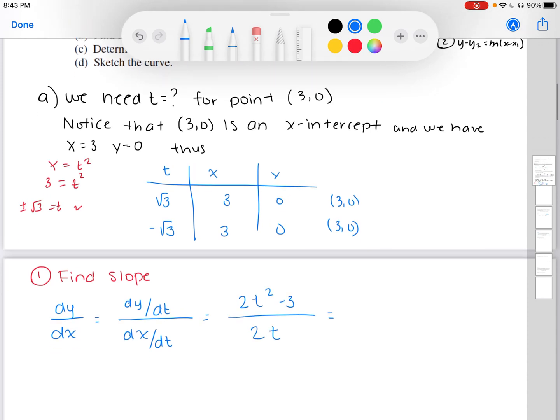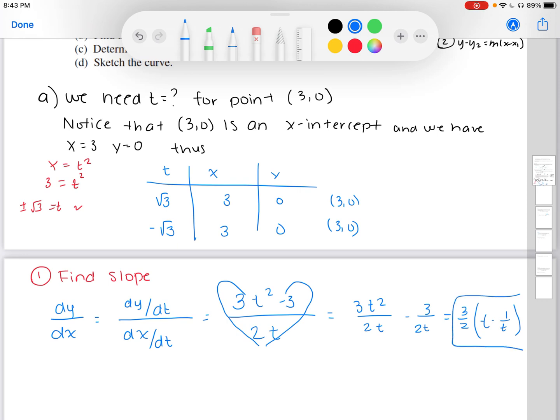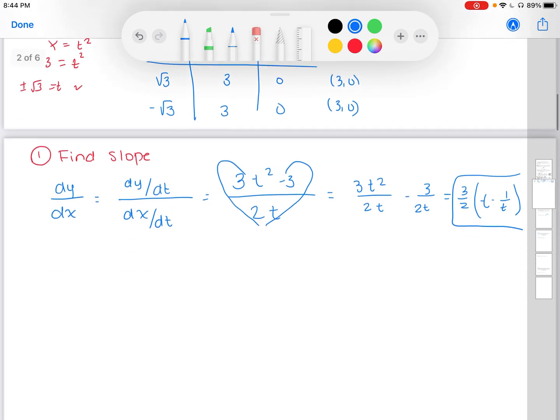We have our derivative. We can clean it up a bit by separating that 2t under each numerator term, so that we have 3t squared divided by 2t minus 3 over 2t. We can factor out that 3 over 2, so that we're left with t minus 1 over t. That's our derivative. Now, we're working with this point when t is equal to square root of 3 and negative square root of 3.